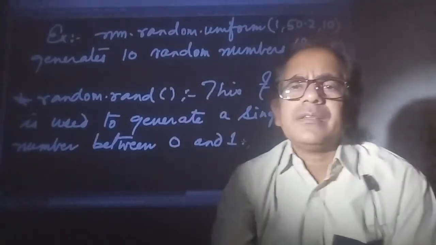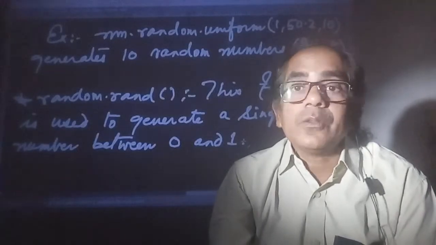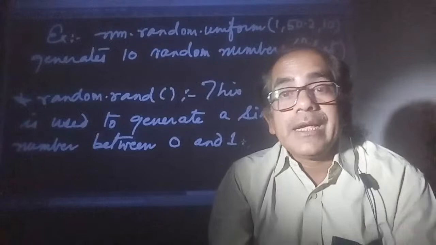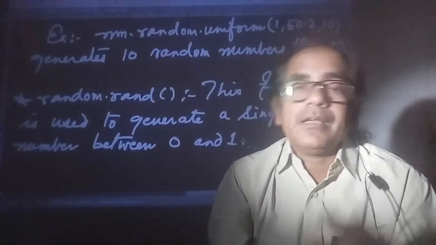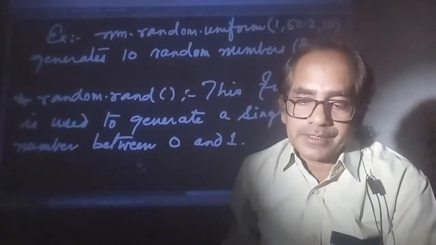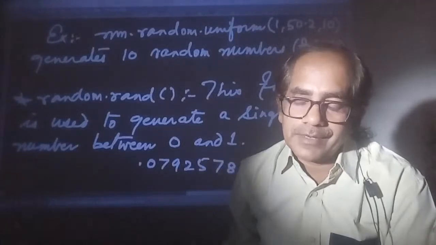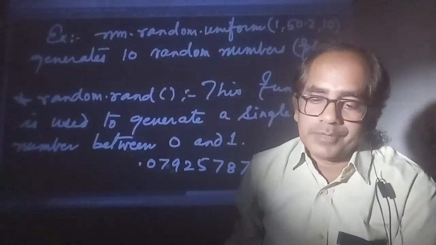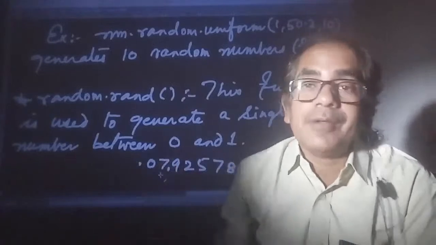You may think, what is the significance of generating a number between 0 and 1? When the number is between 0 and 1, and you multiply it by an integer, the number will move to that range. For example, if it is coming 0.7925787 and you multiply by 100, then 2 decimal points will be shifted and it will become 79. Taking its integer value, it becomes 7.